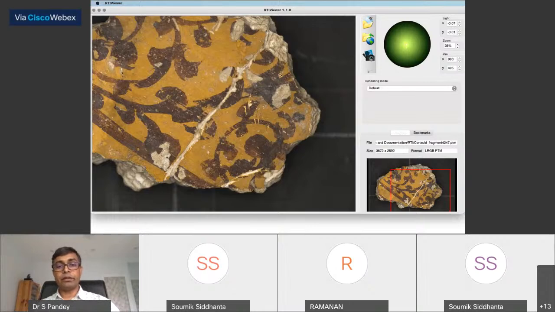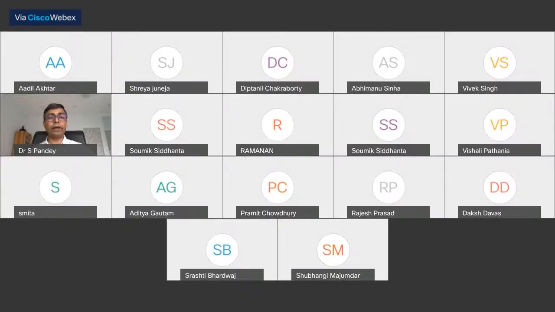So this is actually a game of light and shadow. Once you have uploaded a series of images, like 30, 40, 50 images with light coming from different angles, and the camera static, you get this image. I'll go back to my presentation.